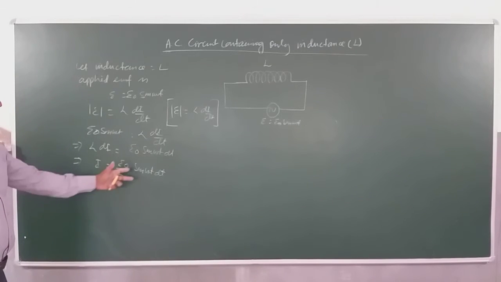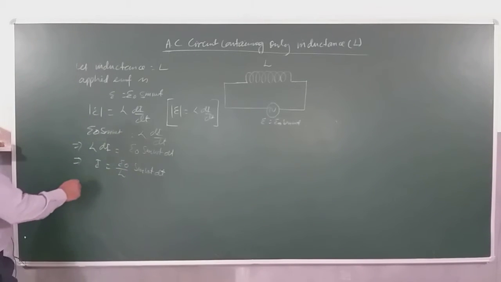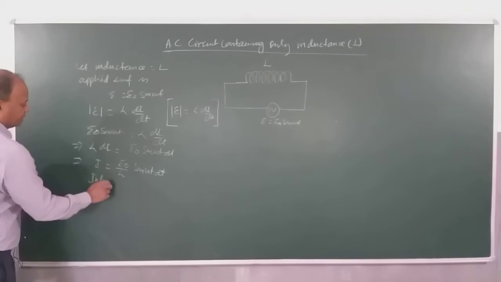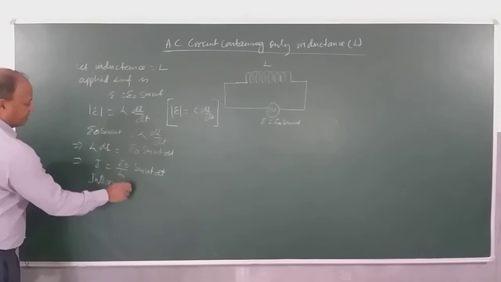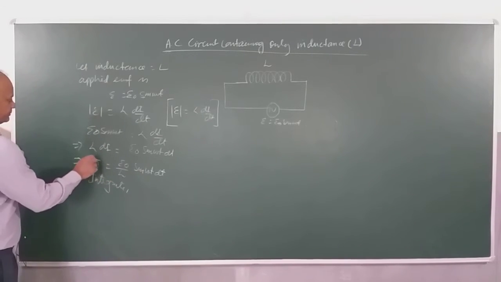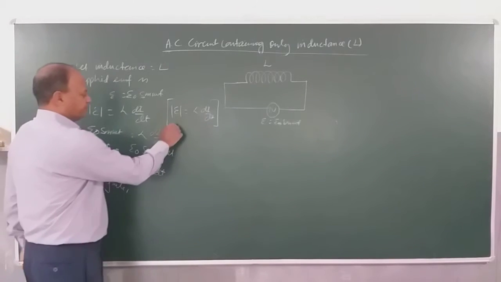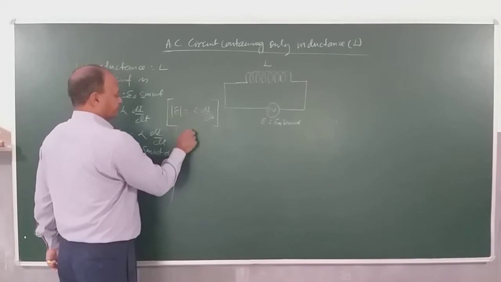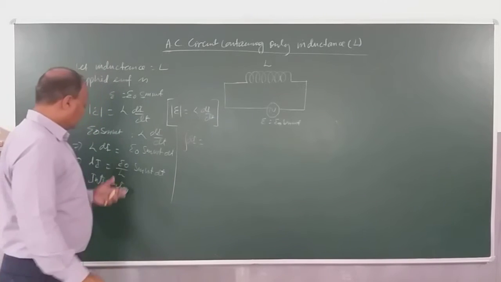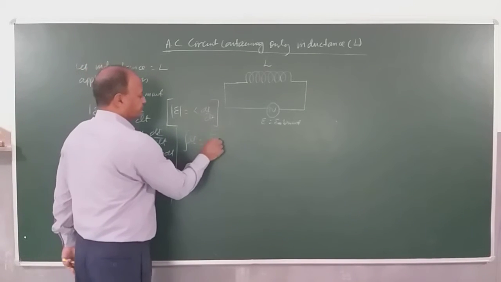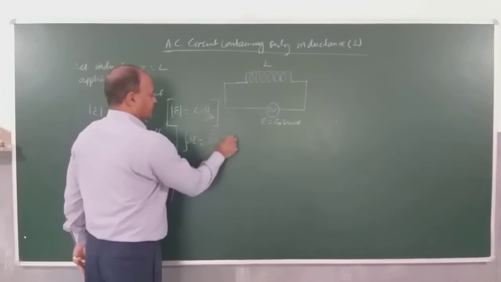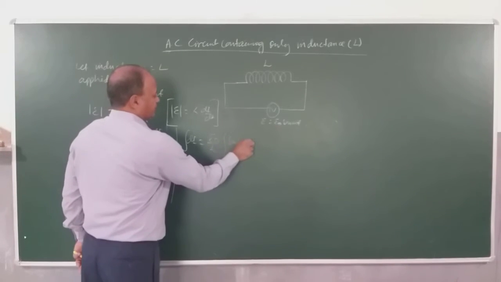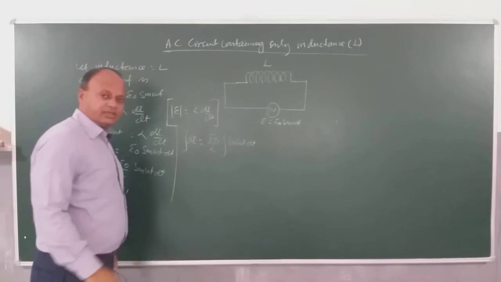Once you got this result, what will you do? We will integrate both sides. So if you integrate both sides, then I is equal to E naught by L integration of sin omega t dt. Clear?